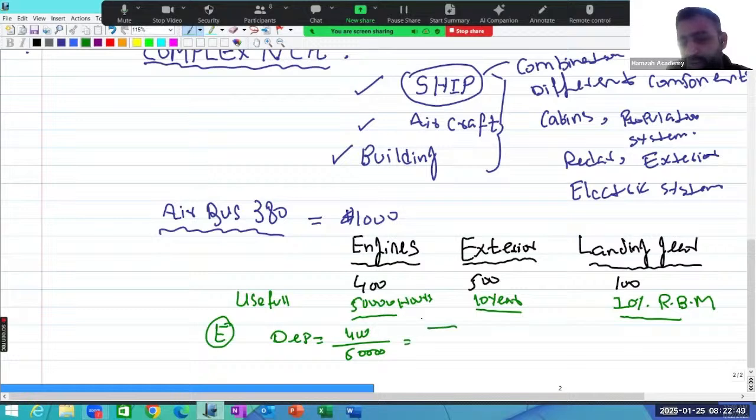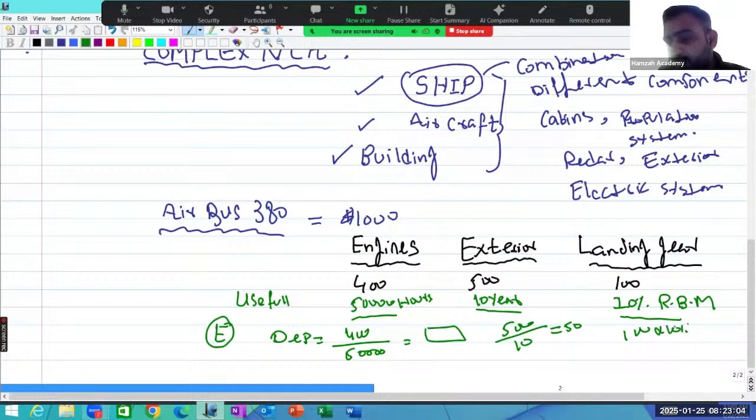You will get per hour depreciation. For exterior, you will take 500 divided by 10, so you have a $50 depreciation per year. And for landing gear, 100 into 10%, you will get $10 depreciation. So I have to depreciate each component separately for the purpose of depreciation.